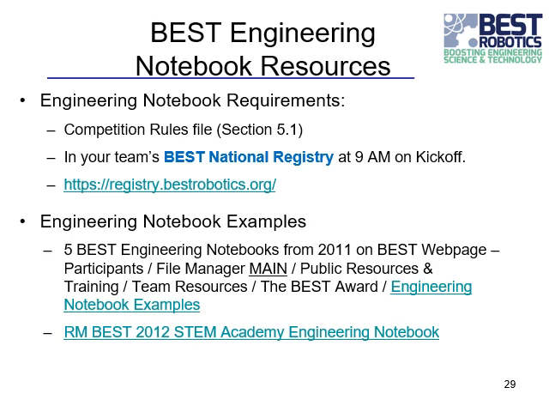We talked about some engineering notebook examples. There's a link here on the BEST Robotics National page. These are from 2011. Some of the requirements for the notebook at that time were different than what they are today. There wasn't a separate software section, for example.